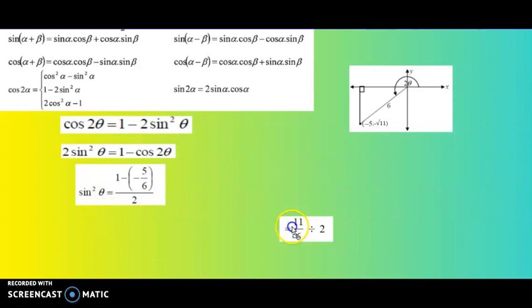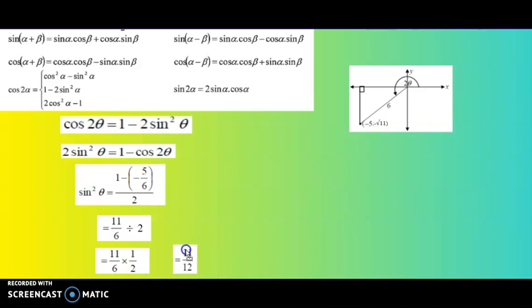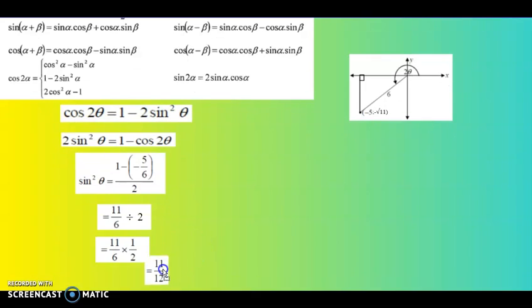I simplify and I find that 11 over 6 divided by 2. I change the sign to multiplication and I invert my fraction. So 2 inverted becomes a half. So multiply the top, multiply the bottom, because there's nothing to simplify further than that. And my answer is 11 over 12.